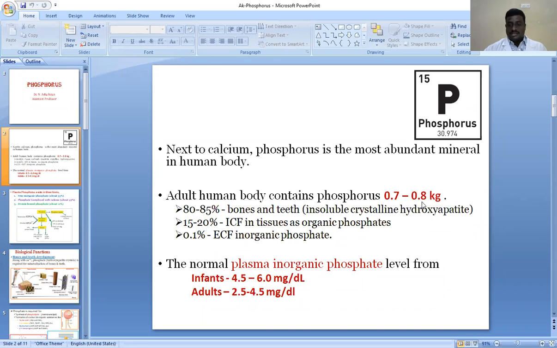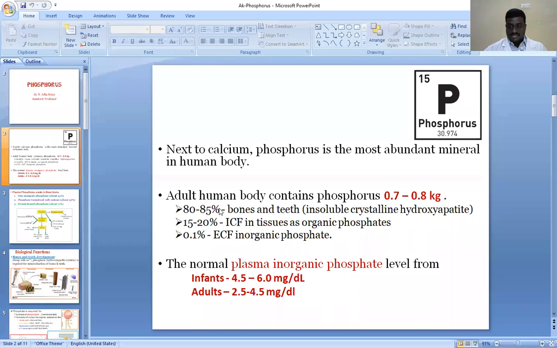Of that amount, 80 to 85% is present in the bones and the teeth. Here the calcium binds with the phosphorus to form hydroxyapatite crystals, and these hydroxyapatite crystals are deposited in the bones and the teeth.